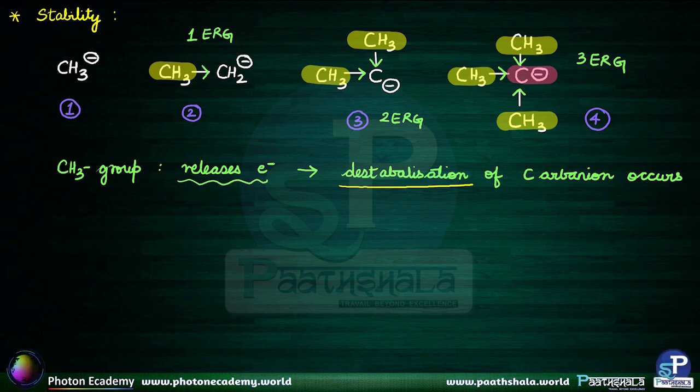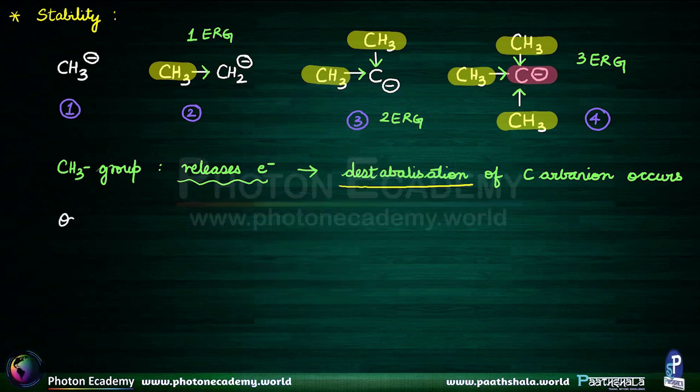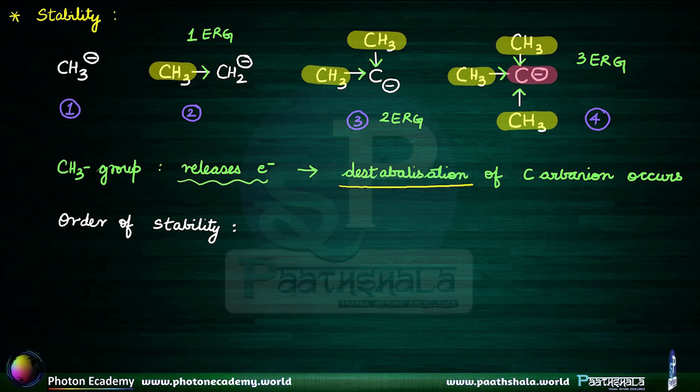So we can say that the order of stability that we wanted is: the lesser the electron releasing group, the more is the stability. So which one has the least electron releasing group?